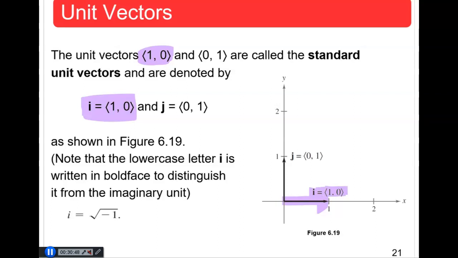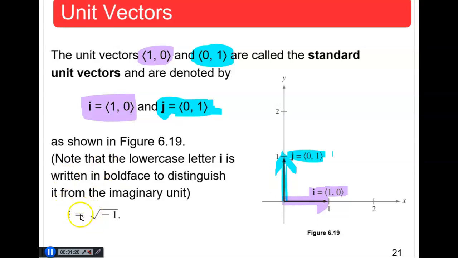So we also have vector j, and the component form is 0, 1. And so it will be the vector that has 0 for the horizontal and 1 for the vertical component. So you can see that it is perfectly overlapping the y-axis, and vector i is overlapping the x-axis.